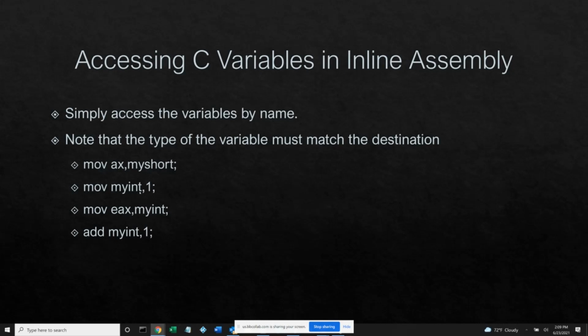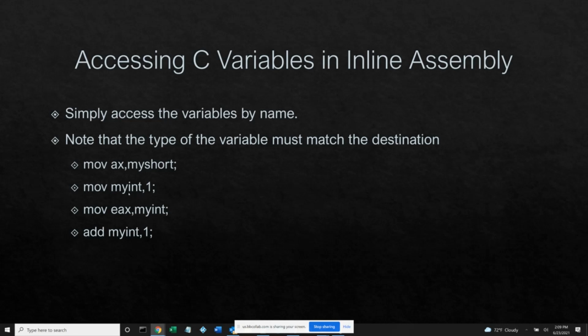We can also move a value into a variable. Note again that it's always the instruction, then the destination and the source. In this case, we're just saying move. So we're going to move the value that is located in my short into the AX register.